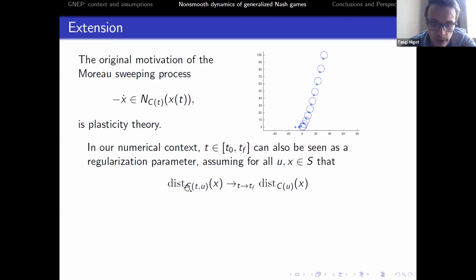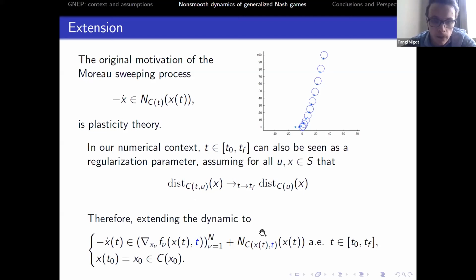Now you see the C of t and u would in some sense converge to the distance to C of u. Okay. So here that's a classical distance, but if you have the similar property on the Hausdorff distance, for instance, it would work. Okay, so we can extend further this interesting dynamics like that, adding a regularization parameter, for instance, in the set C, or also in the perturbation in the gradients.